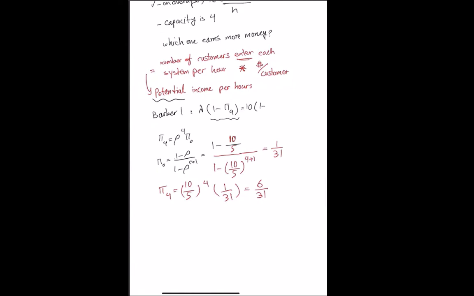And then if I put 16 over 31 in the formula on the top, lambda multiplied by 1 minus pi 4, sorry, this is 16 over 31 for pi 4, so 1 minus pi 4 is 15 over 31.